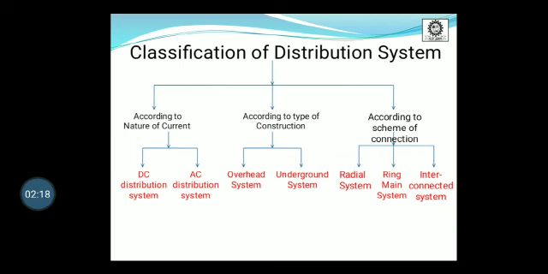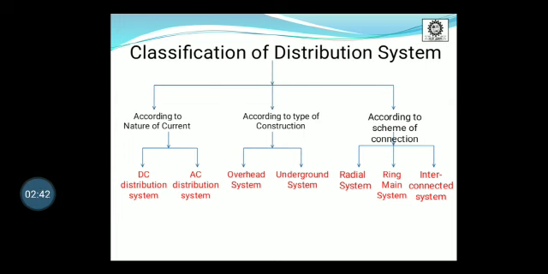And finally, according to the scheme of connection, it is categorized into three types: radial system, ring main system and interconnected system. In this video, we are going to discuss distribution system depending on scheme of connection, that is radial system, ring main system and interconnected system.